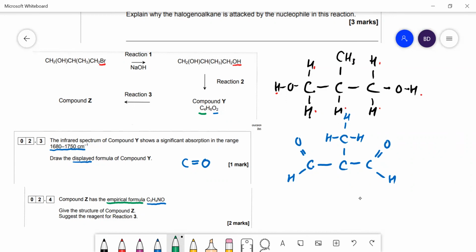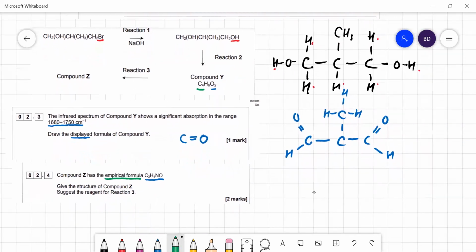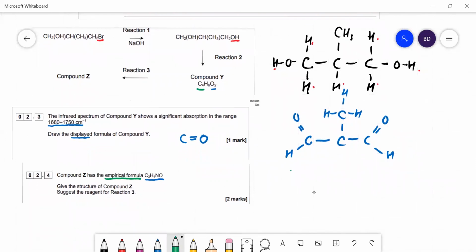I think the molecular formula of compound Z must actually be double this. So it's going to be C6H8N2O2.